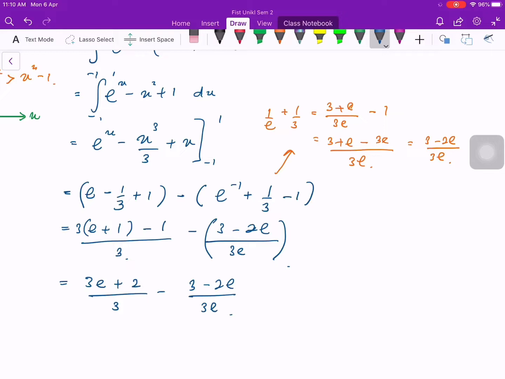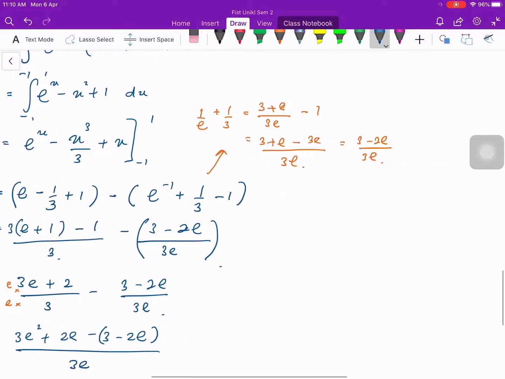So now in order to equalize the denominator again, we multiply this one by e for both numerator and denominator. Then we are going to have 3e squared plus 2e divided by 3e, minus (3 minus 2e) divided by 3e.